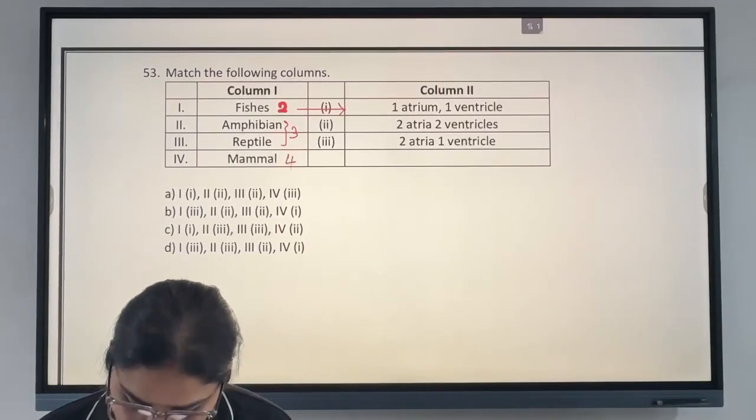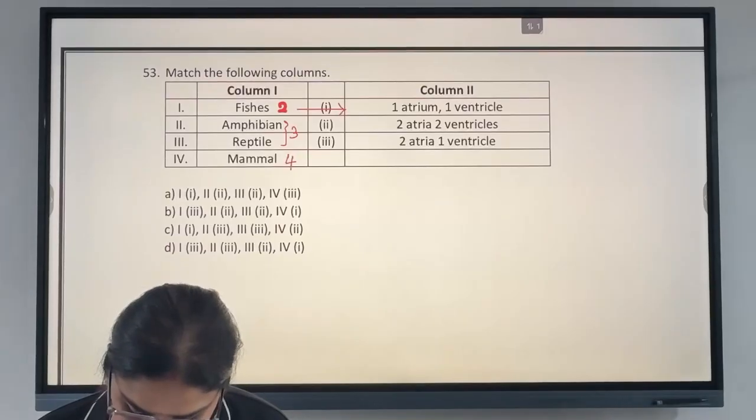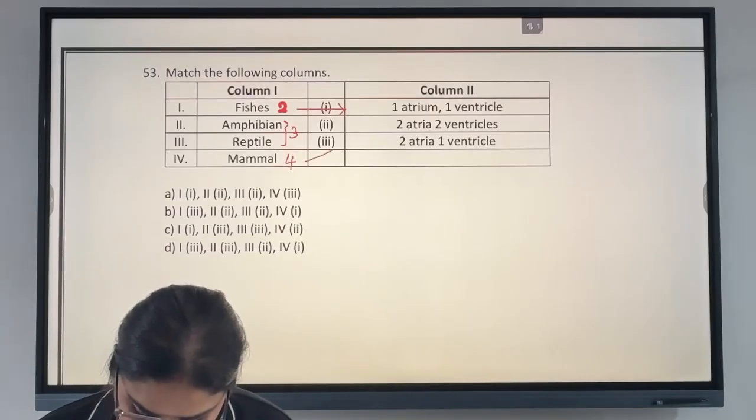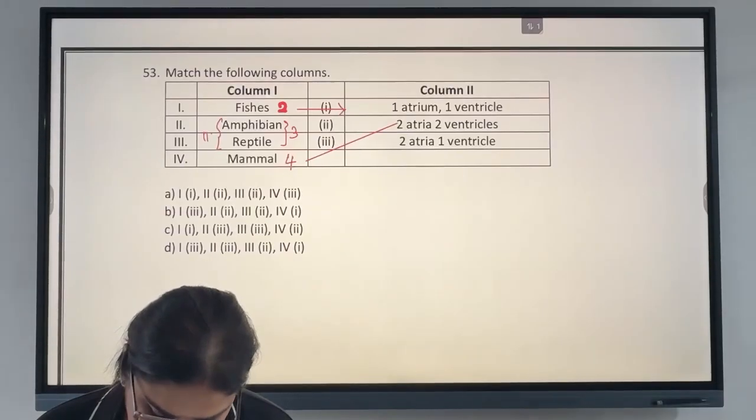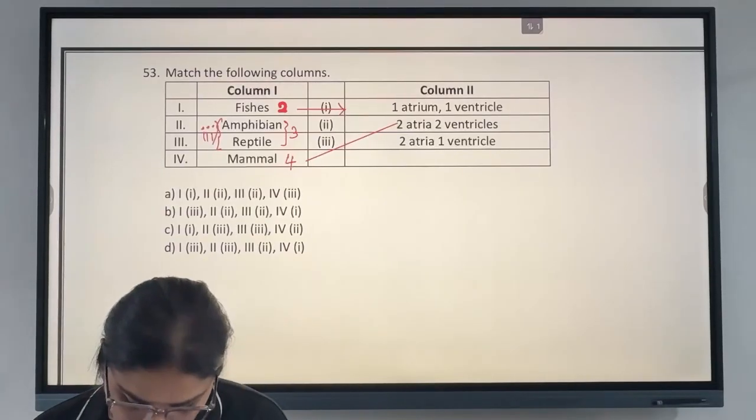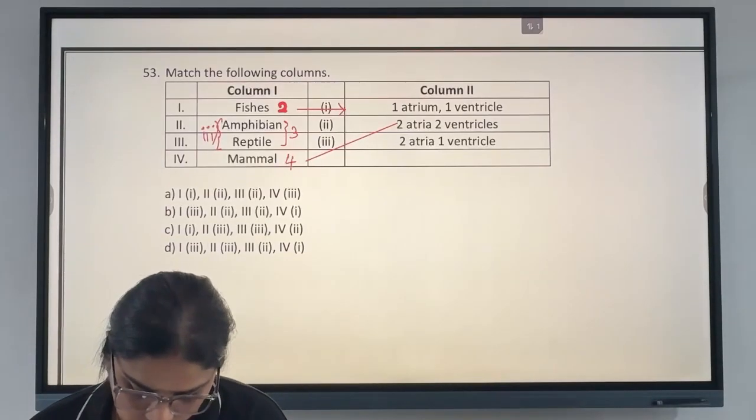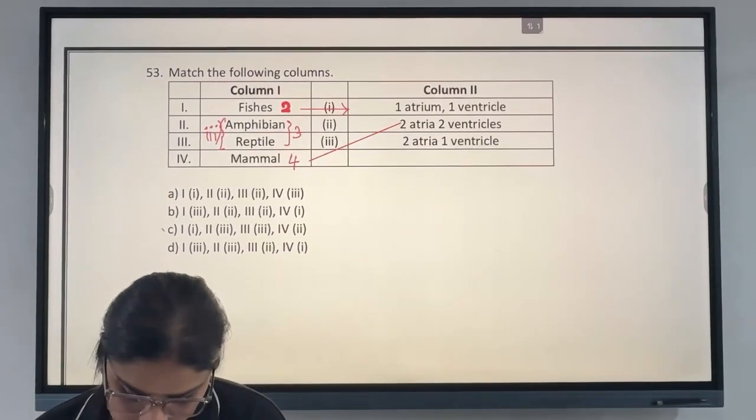Mammals have 4 chambered hearts, so 2 atria and 2 ventricles. So 4 goes with 2, 2 and 3 both go with 3, and 1 goes with 1. So what is the correct answer? Option C.